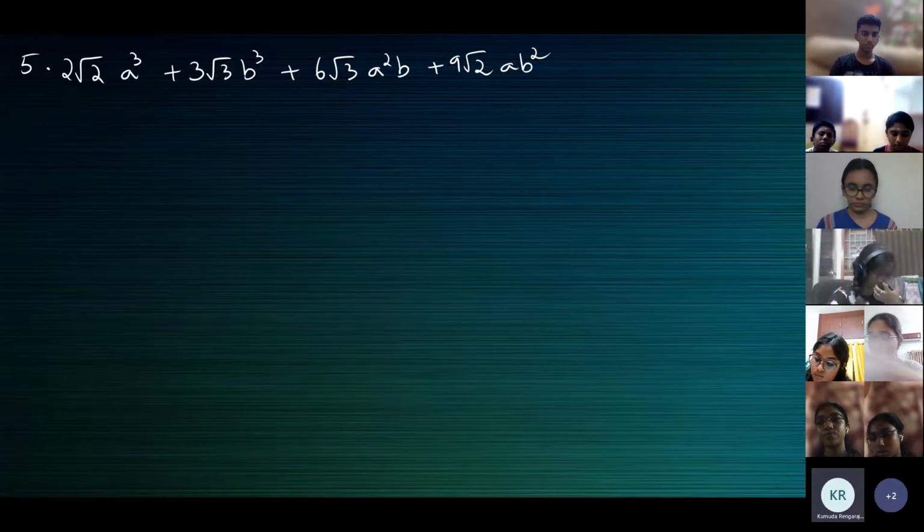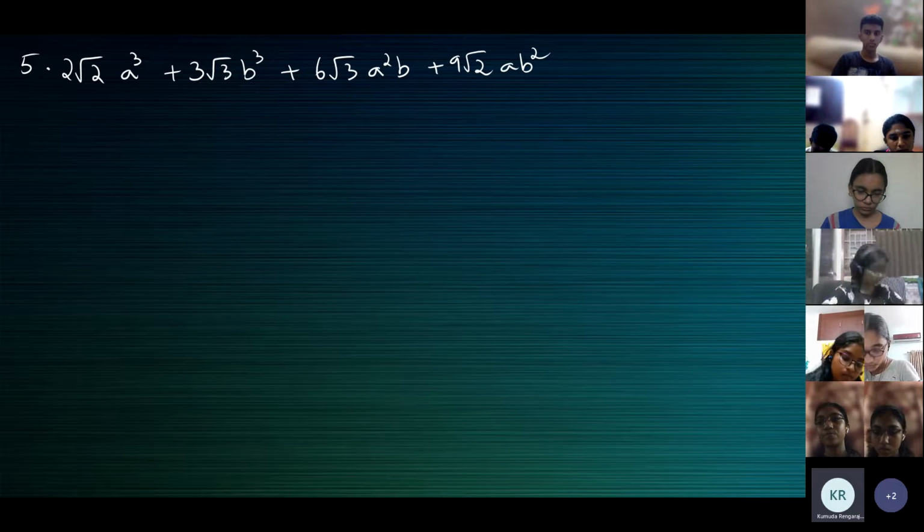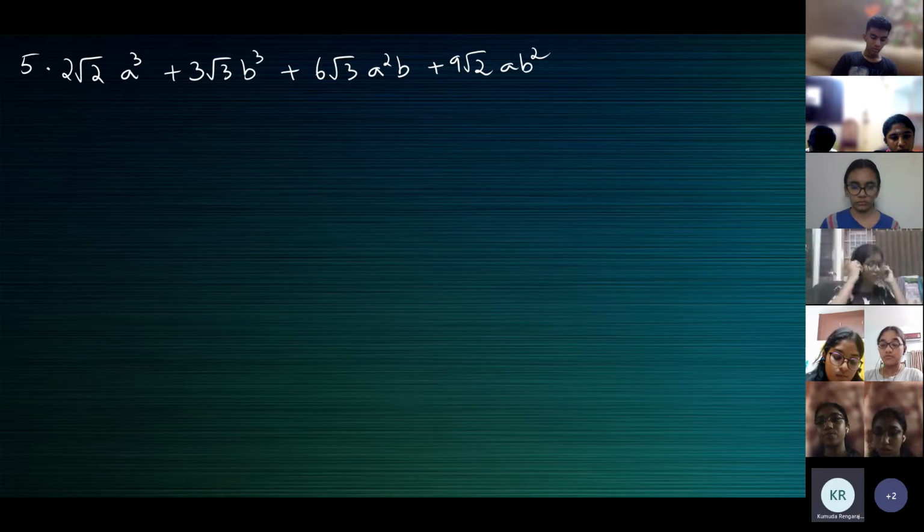Since the given expression also has a and b, as I've told you in the video, we'll write the identity using x and y. Otherwise, you'll get confused with the a and b in the given expression and in the identity. You can write the identity using a, b, x, y, p, q, m, n, anything.